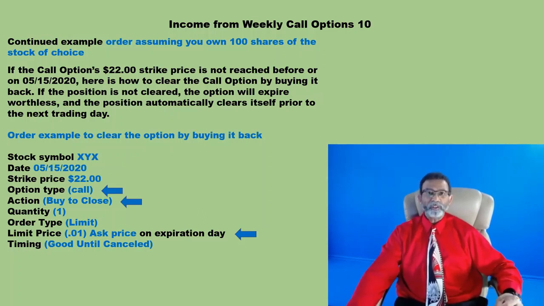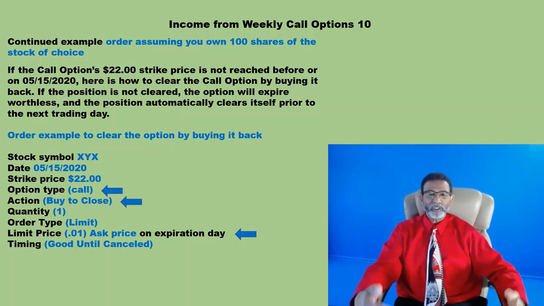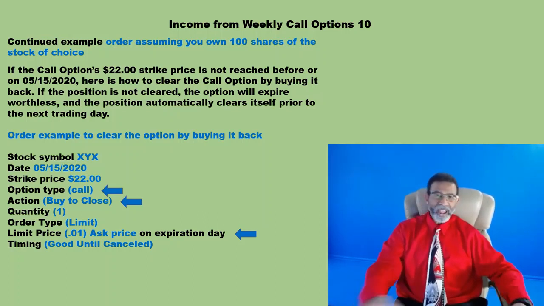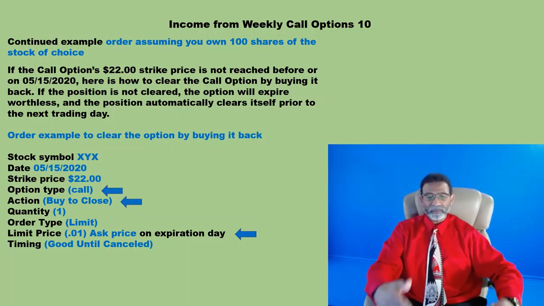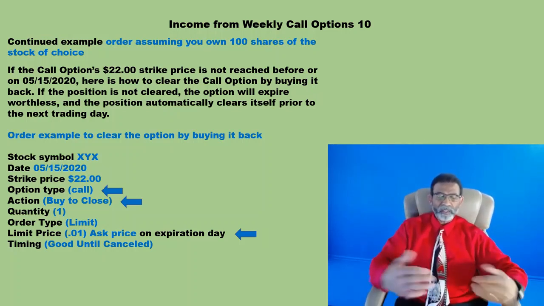So you can close this option out, buy it back, and get rid of your obligation to sell those stocks. And if it's good until canceled, I'm putting that in so that I could do this any day of the week. It doesn't have to be the expiration date of the option. It can be an earlier time.